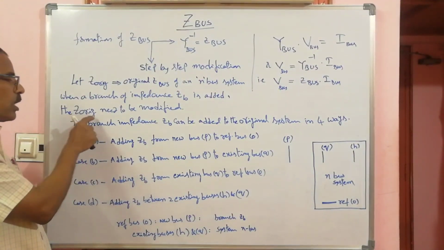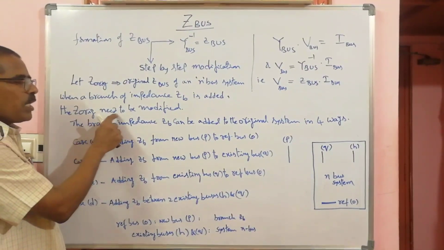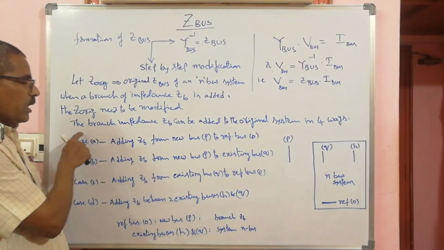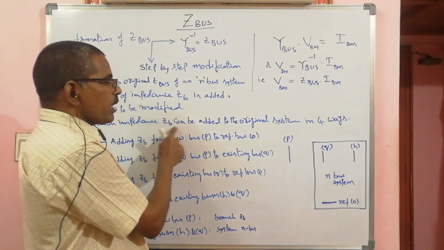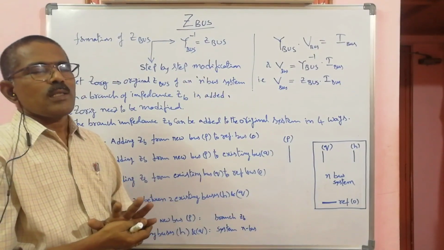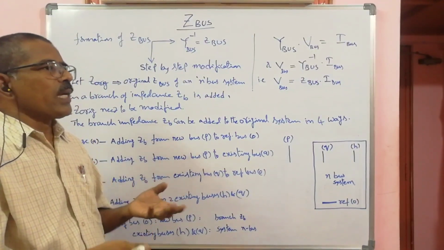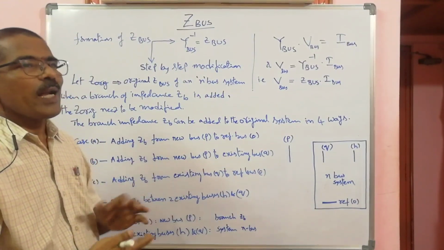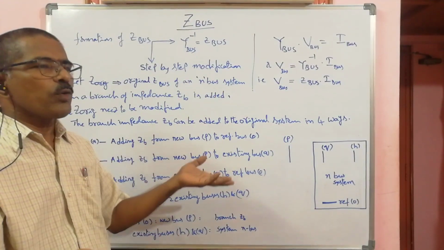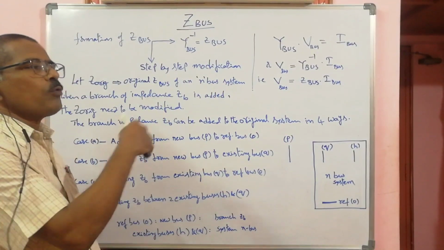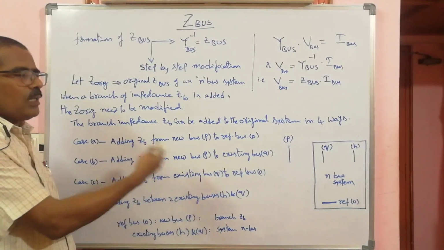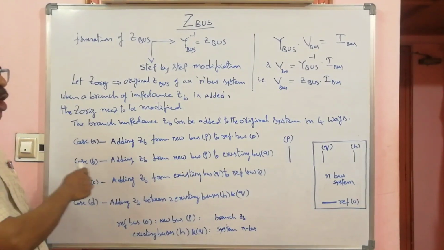The branch impedance ZB can be added to the original system in 4 ways. When we simply say adding ZB, where are you adding? Is it between reference and an existing bus, or between 2 existing buses, or between a new bus and an original bus? So you get many options or combinations.